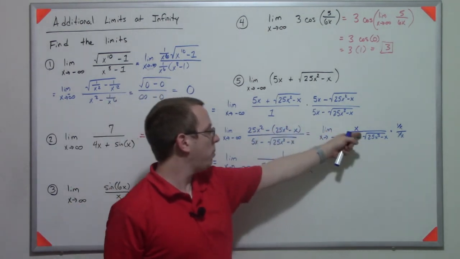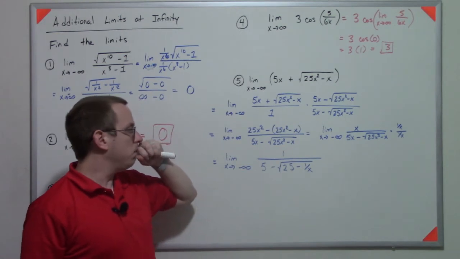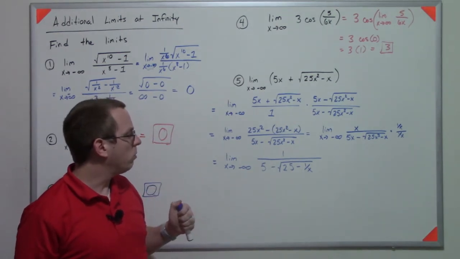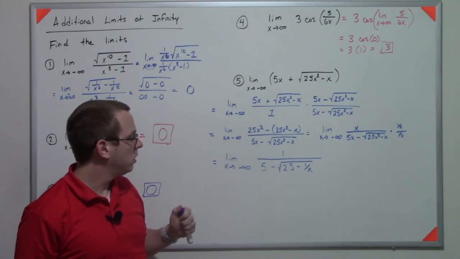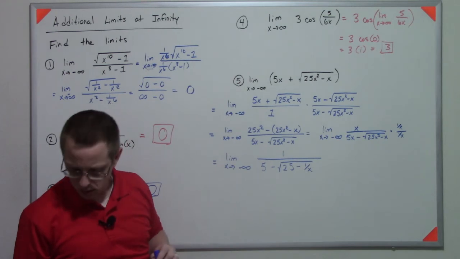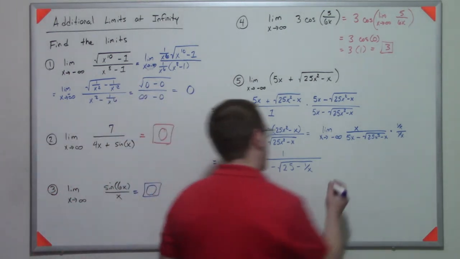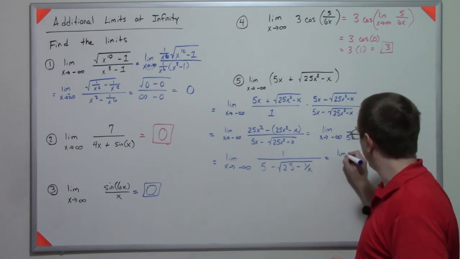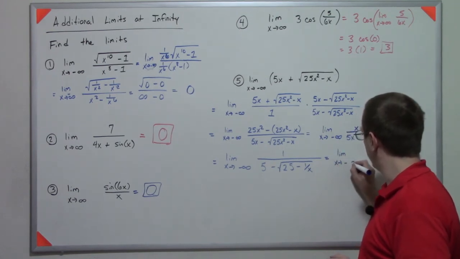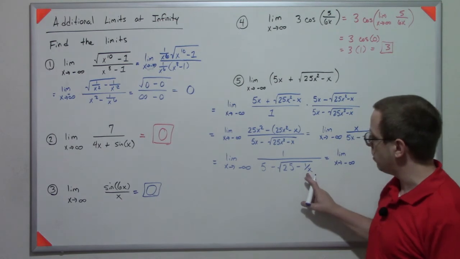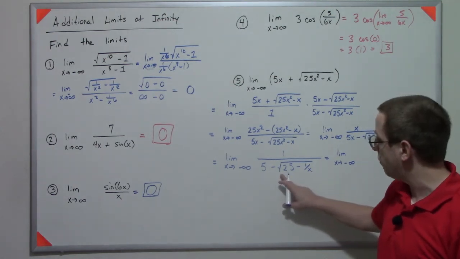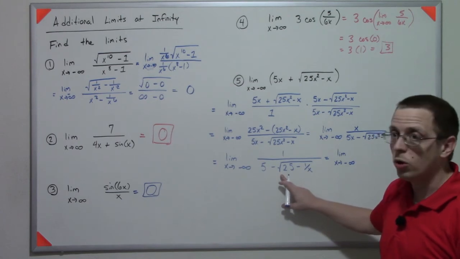Those cancel, I get a positive x. Multiplying by 1 over x, I get this. So this goes to 0. This becomes 5 minus the square root of 25, though, right? So that should be 1 over 0.